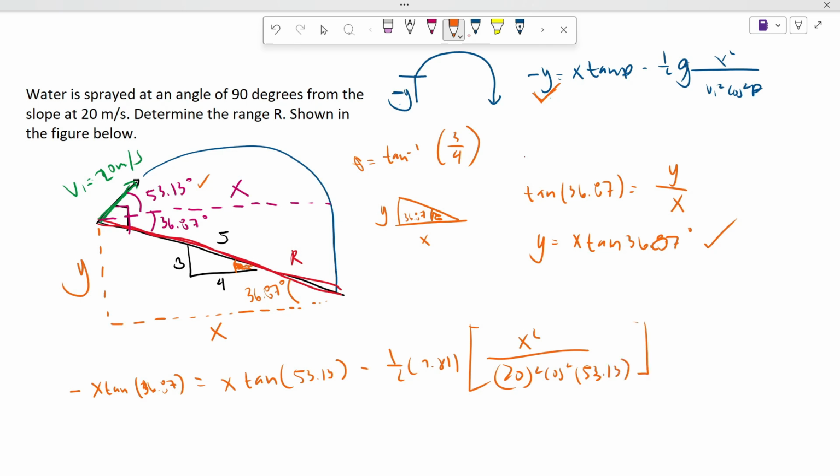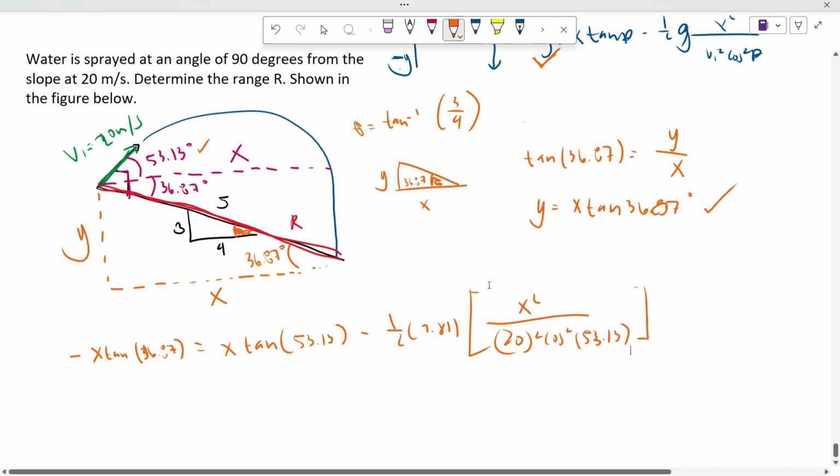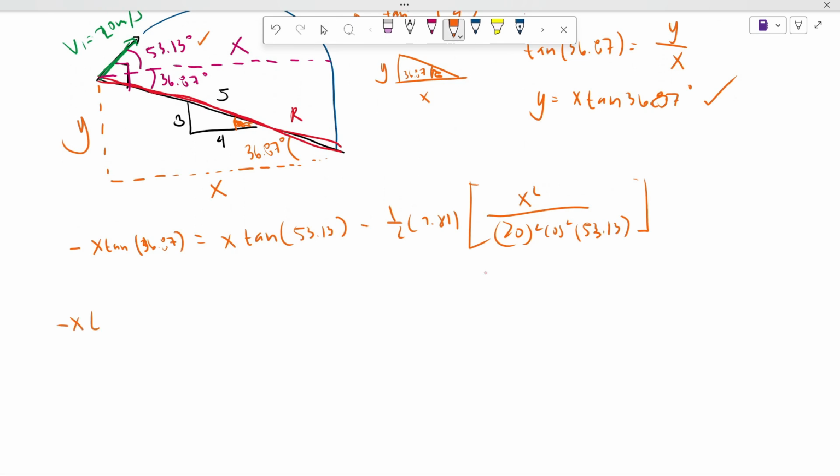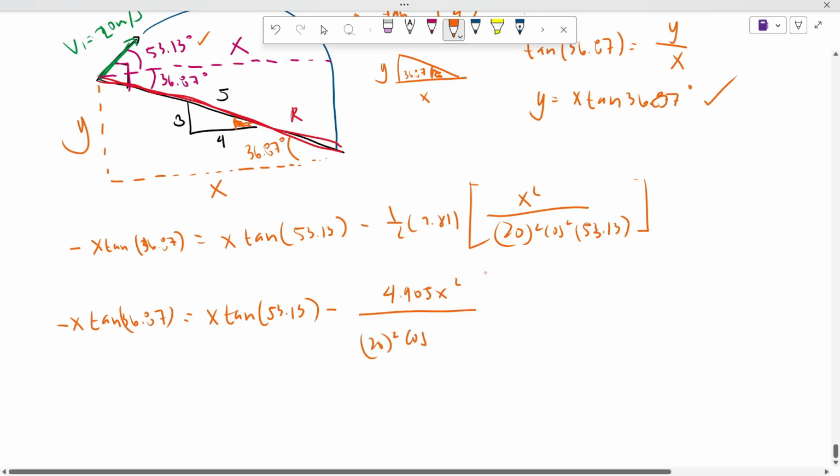Plug and play lang, guys. I'm just inserting their values. Negative x tangent of 36.87 equals x tangent of 53.13 minus 4.905x squared over 20 squared cosine squared of 53.13.